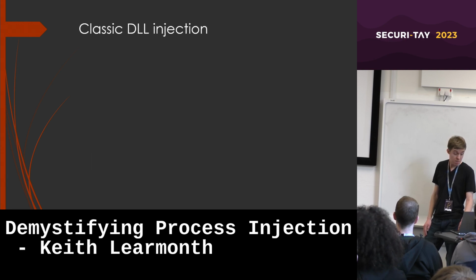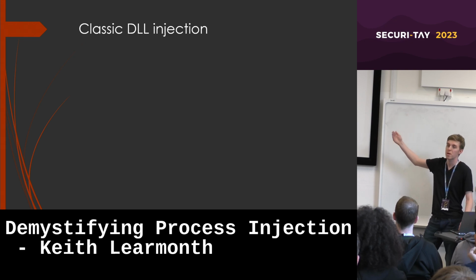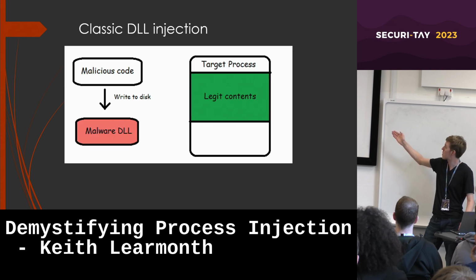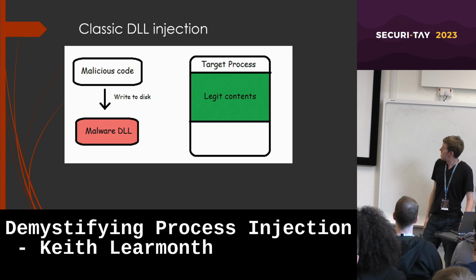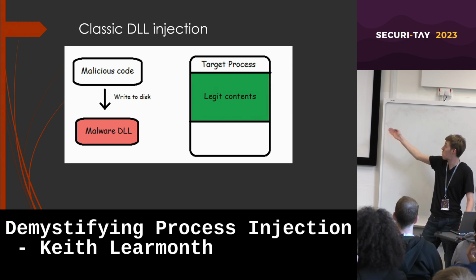So here are some examples of injection and how they actually work as a high-level abstraction. Classic DLL injection, when this was first becoming popularized, was a more common method. Here are my wonderful MS Paint diagrams. So what you would do is you have your malicious code that is running, whether that's from a macro in a Word document, whether that's remote code execution, whatever.